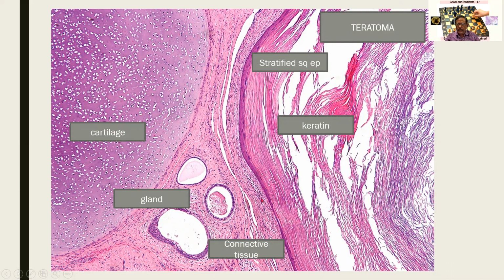There are a few glands seen beneath the squamous epithelium. And obviously, there are multiple bundles of connective tissue which are supporting all of these. So I am finding a gland here, another gland, a cartilage, keratinized squamous epithelium, etc. This is a slide for teratoma. You can very easily follow this.